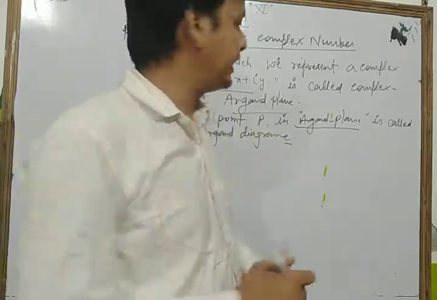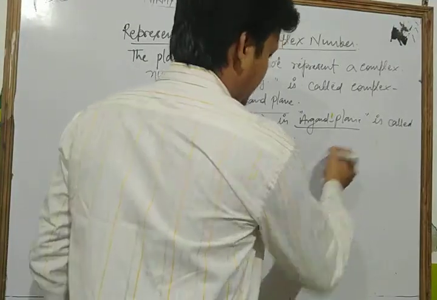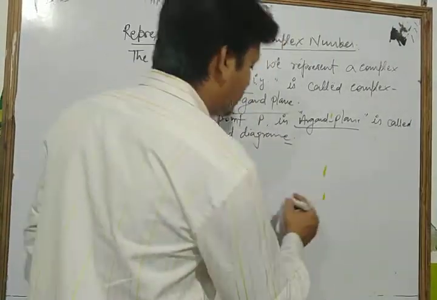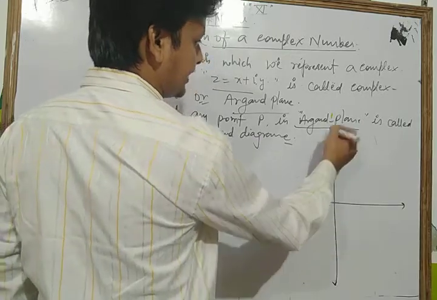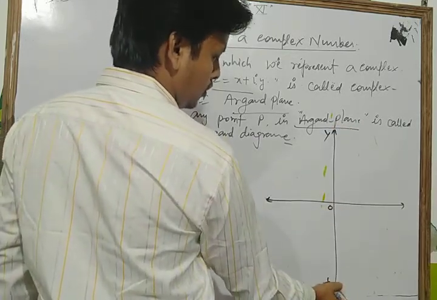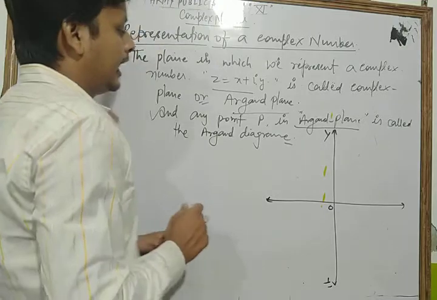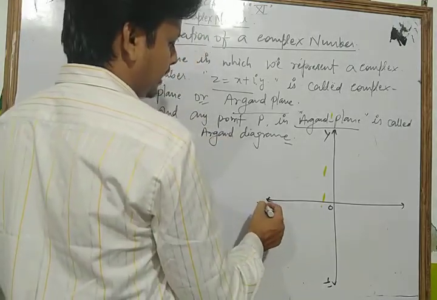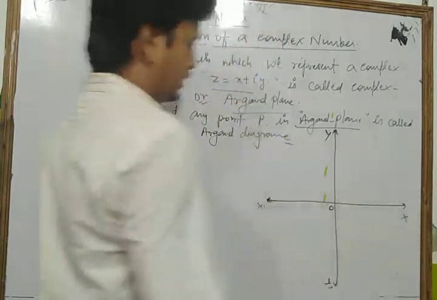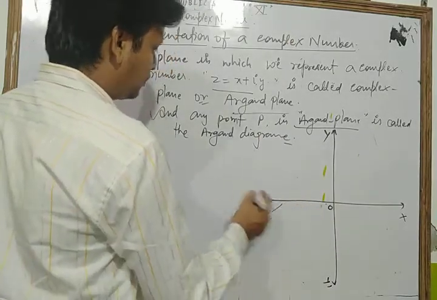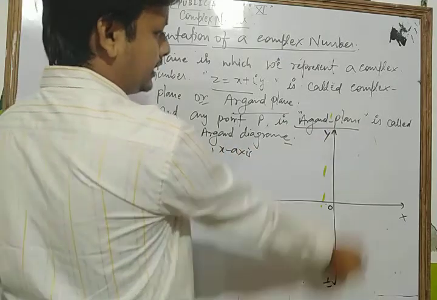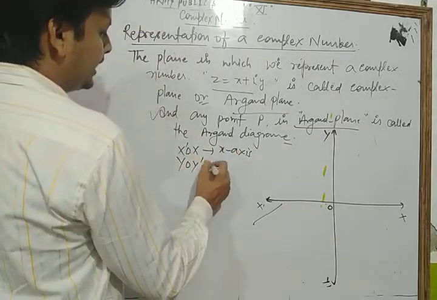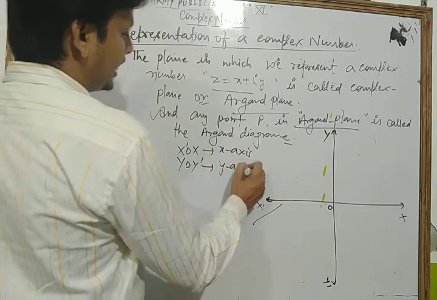Now dear students, let's see the diagram. Suppose we draw two mutually perpendicular axes, YOY' and X'OX. Here X'OX is called the x axis and the vertical line YOY' is called the y axis.